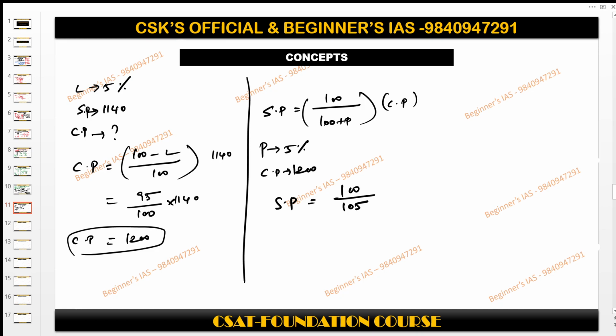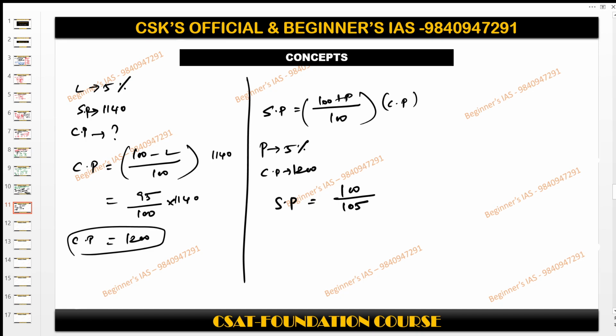Yes, sir. Second case you need to find out the SP. So in order to find out the SP, should it be in the denominator or numerator? Yes, sir, 100 plus P by 100. Yes, correct.